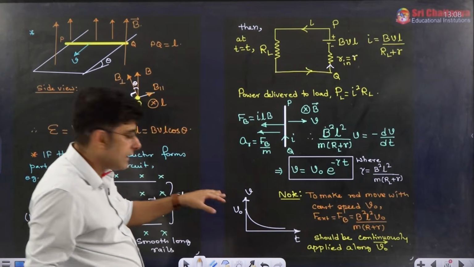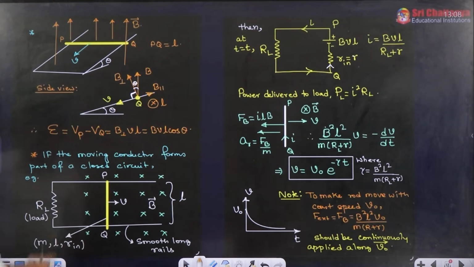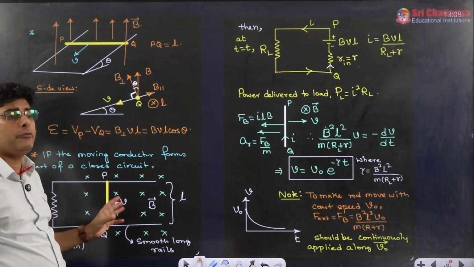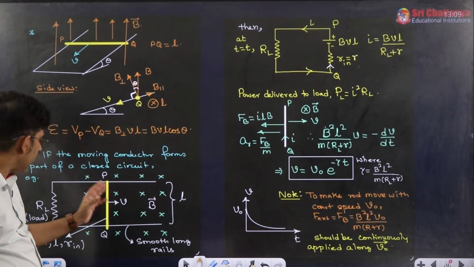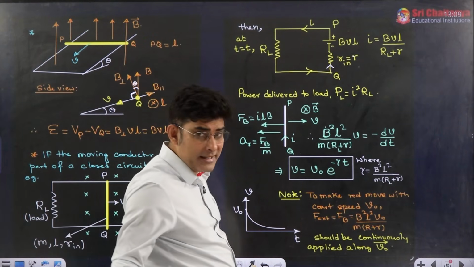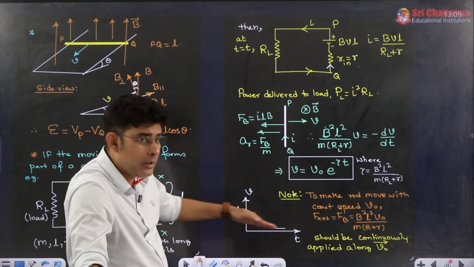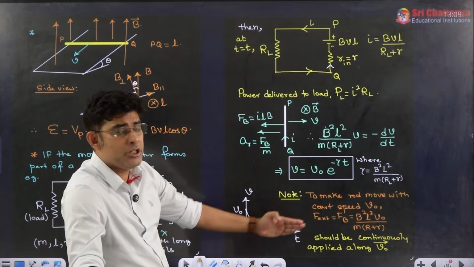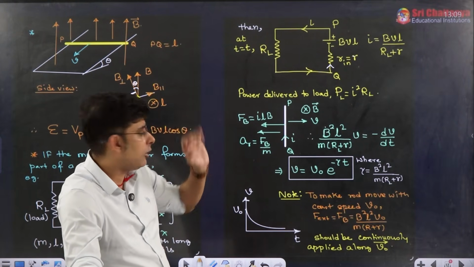Now this shows that when you connect this rod across a resistor, the kinetic energy of the rod will drain off, and that energy will be dissipated in the form of heat across the resistances in the circuit. So the velocity of the rod will exponentially decrease and finally become zero after a long time.